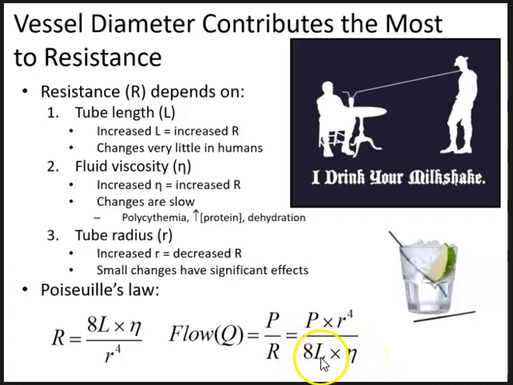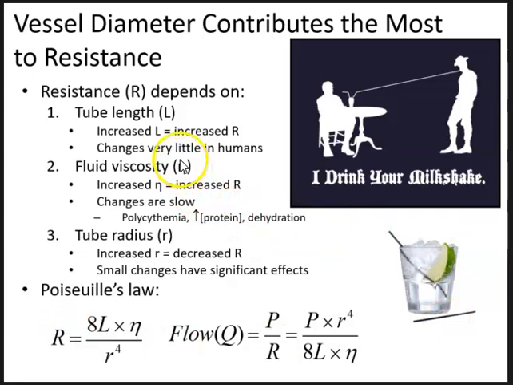So any increases in the length or any increases in the viscosity will decrease flow. Okay, so we can see how we can plug resistance into our formula for flow. Our original formula being Q equals change in P, or the pressure gradient, divided by the resistance R. And Poiseuille's law gives us the formula for resistance here.